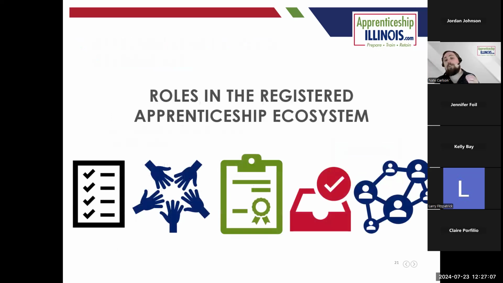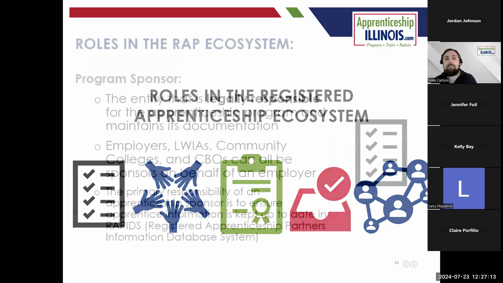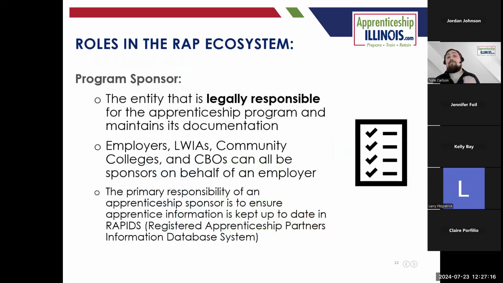So now that we've talked about apprenticeship basics, we're going to move on to discussing the roles in the Illinois registered apprenticeship ecosystem. This first one is important. It's the program sponsor. Now, that word sponsor confuses people to no end because when we hear sponsor, we think that's who's paying for it, but that's not the case.